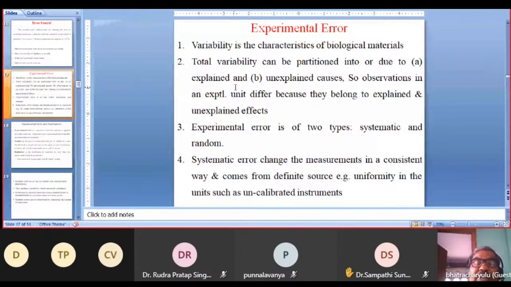The experimental error is of two types: systematic and random, like assignable and chance. Systematic errors change the measurements in a consistent way and come from different sources, such as lack of uniformity in the units and uncalibrated instruments.